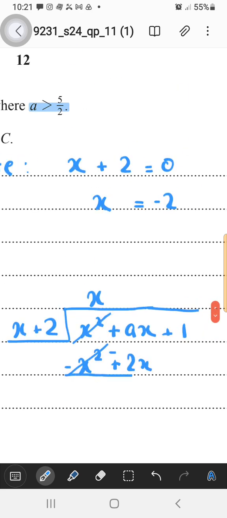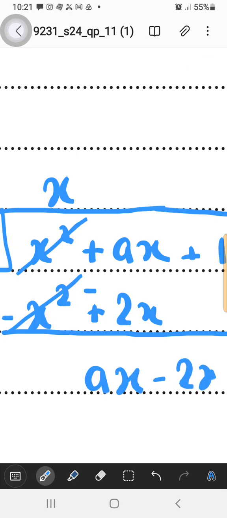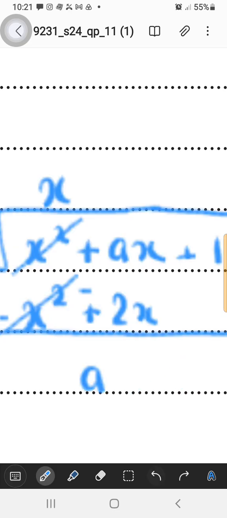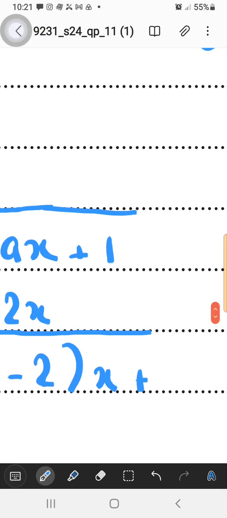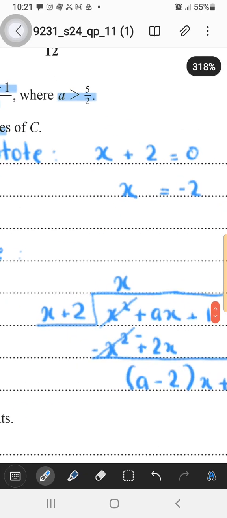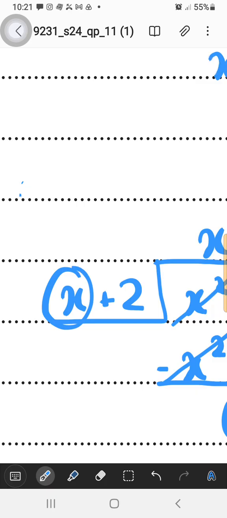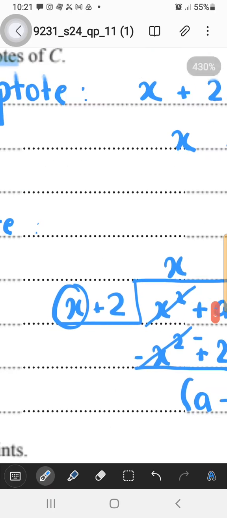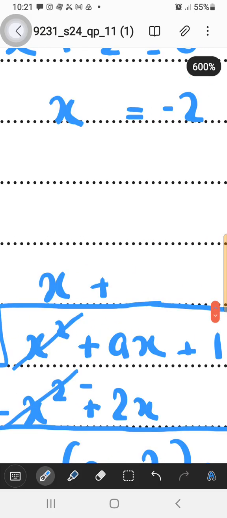Now we will go down, and here I have ax minus 2x, or if I write it as (a minus 2)x, plus 1. Now what will I multiply with this to get (a minus 2) in the bracket multiplied with x? Obviously we will multiply by a minus 2 here.